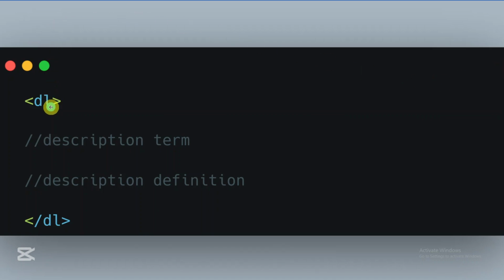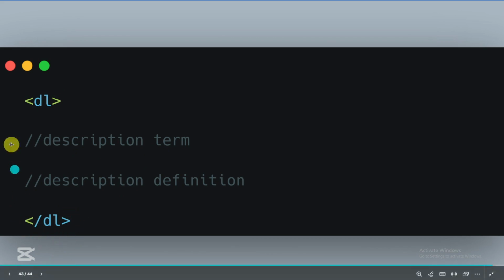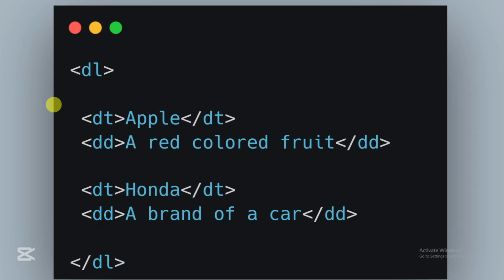We are going to start with a DL, an opening DL, and then a closing DL. So our description item and the description definition will be wrapped inside the opening DL and the closing DL, which is our DL element. This is an example of a description list in our HTML document.